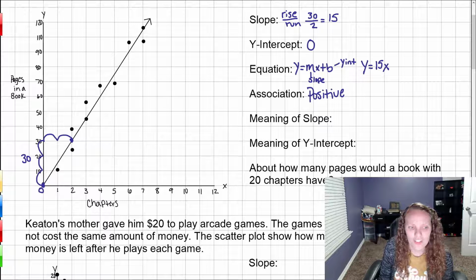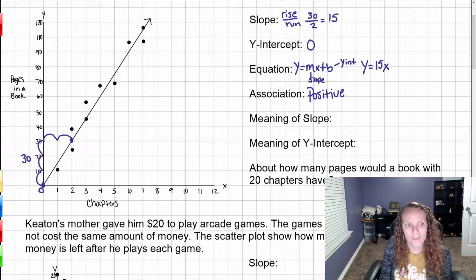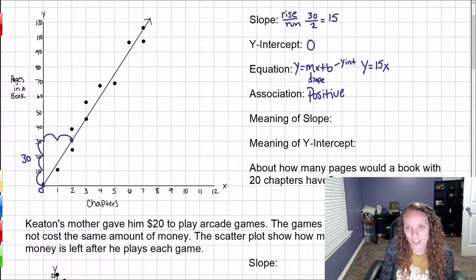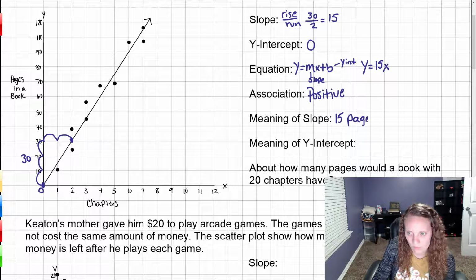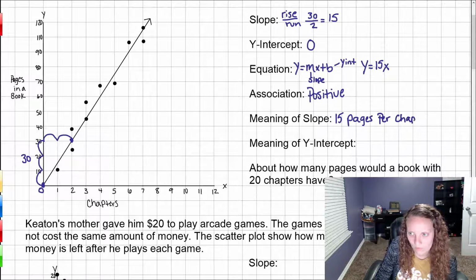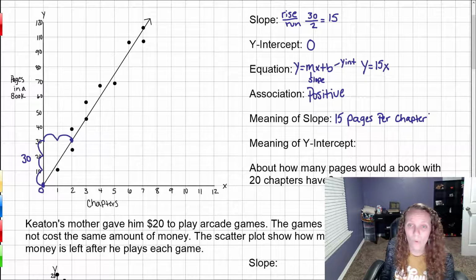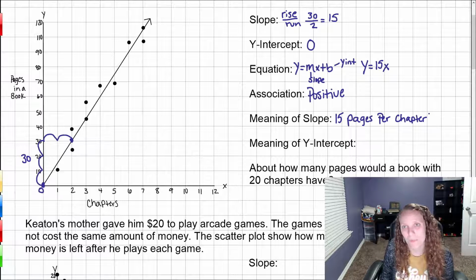So after each chapter is added, we could say that there's about 15 pages for each chapter. Now, is this always the case? No, but just in general, we would say there's about 15 pages per chapter.